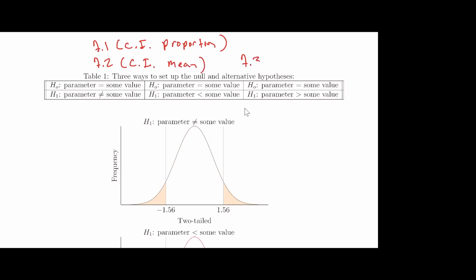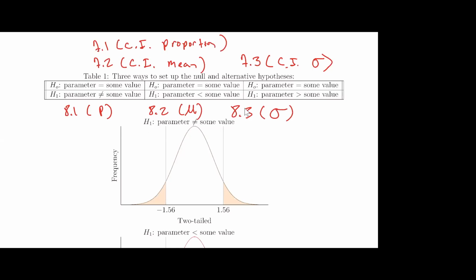And 7.3, the last section that we just went over, we did confidence interval for standard deviation. Same thing is going to happen for chapter 8. Chapter 8 is all about making a hypothesis test. The only thing different is what type of parameter we're testing. In 8.1, we're going to be testing population proportion. In 8.2, we're testing the mean. And finally, in 8.3, we're testing the population standard deviation.